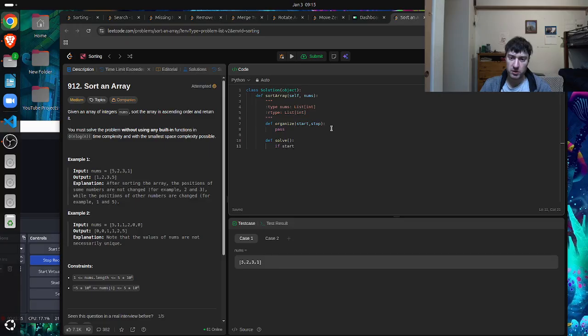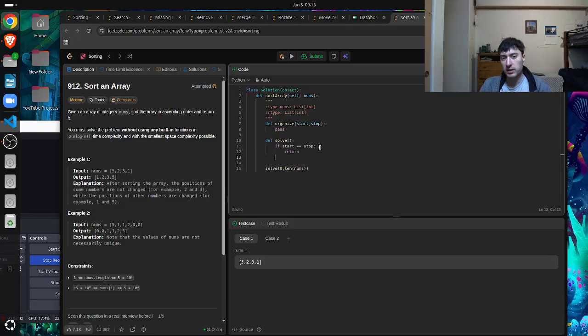If start is equal to stop, then we return. And are we trying to return any actual numbers? No, not yet. Okay. And then we'll solve on 0 to the length of nums.